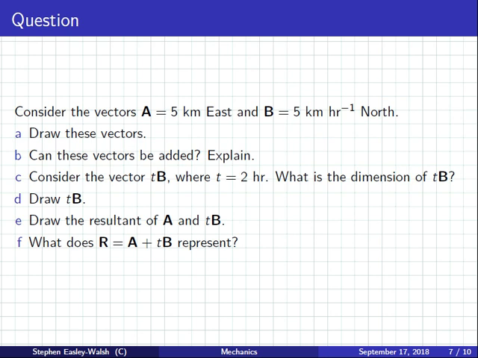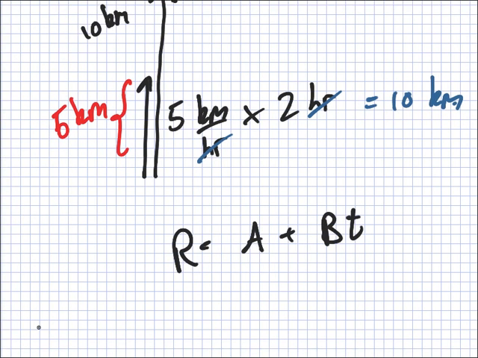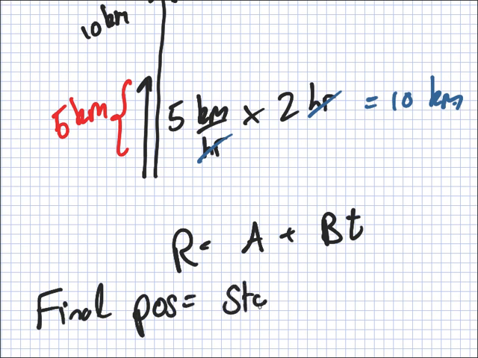Kind of like this, yeah. I kind of think of it more like this. OR equals A plus BT. That's a bit like final position equals starting position plus time multiplied by velocity.